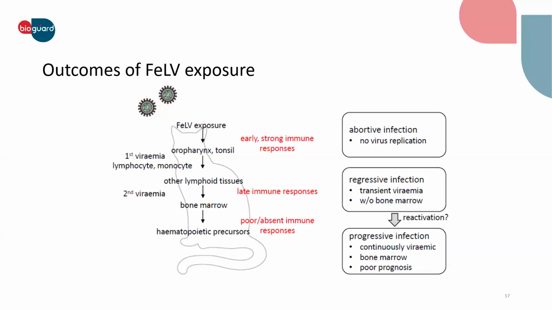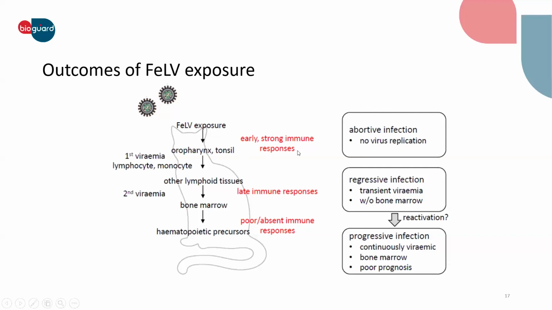So the cat may be exposed to the FeLV virus, but those viruses will never infect the cells in the oropharynx or tonsil. That's what we call an abortive infection. That means there's actually no virus replication.